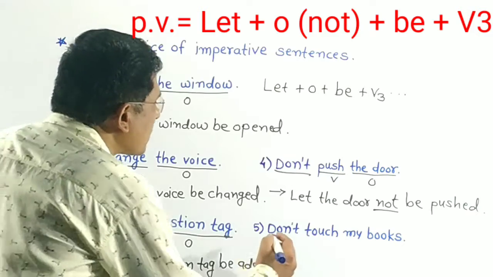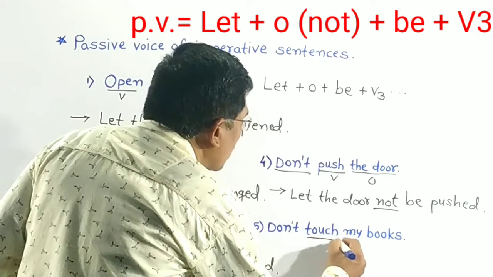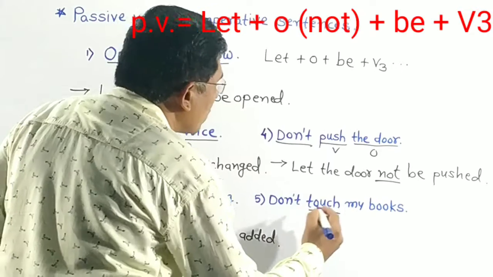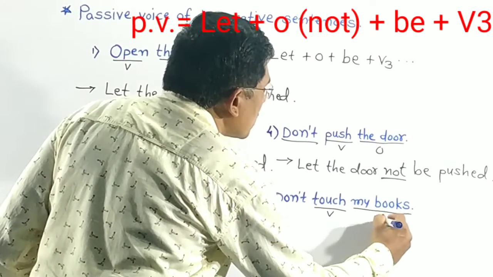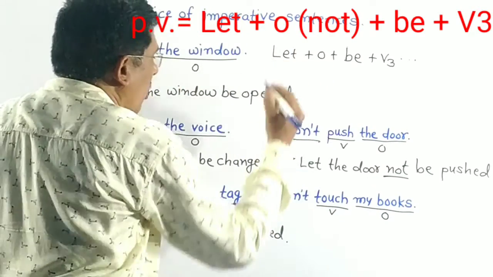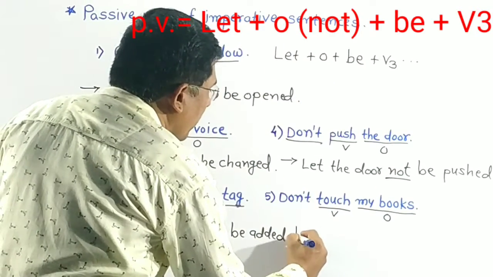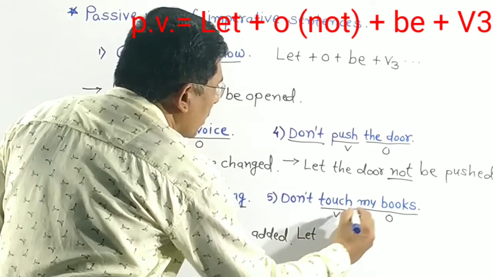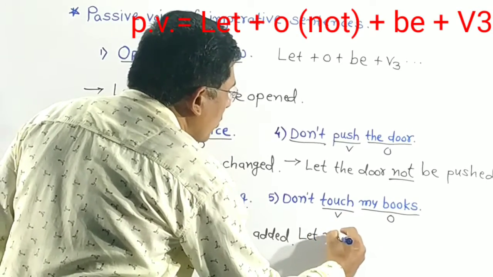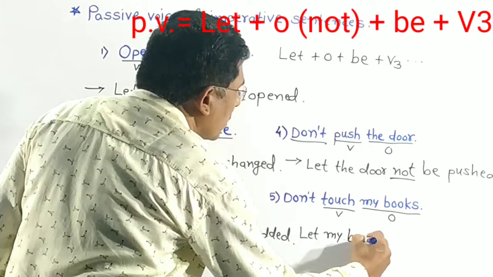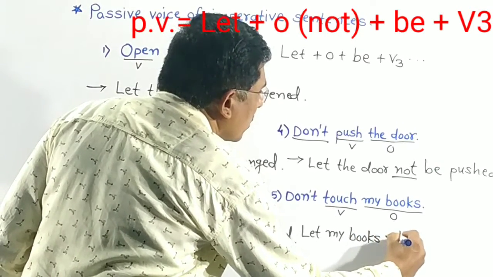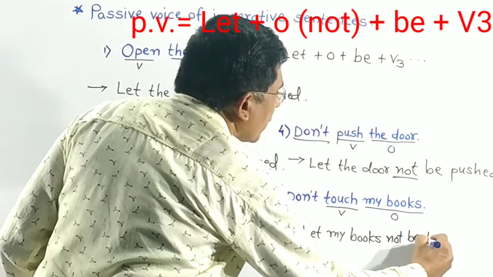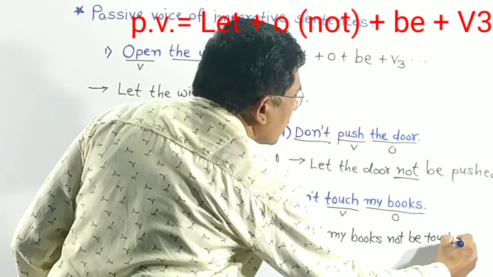Last sentence is, don't touch my books. Touch is verb, my books is object. Use same formula. Let, object, my books, not, be touched.